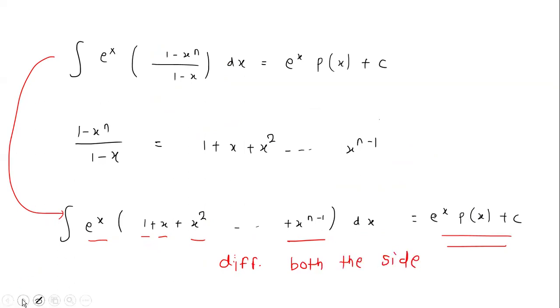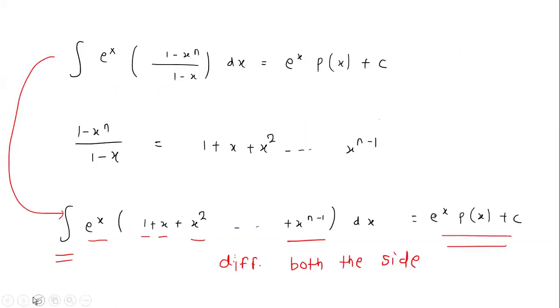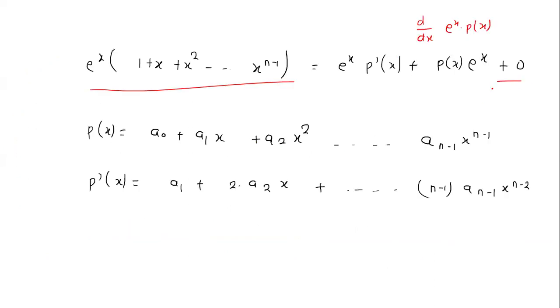If you differentiate, then the integration and differentiation will cancel, and the remaining thing is only this. And in the right hand side we have the differentiation of e power x multiplied by p of x, and the differentiation of the constant of integration will become 0.